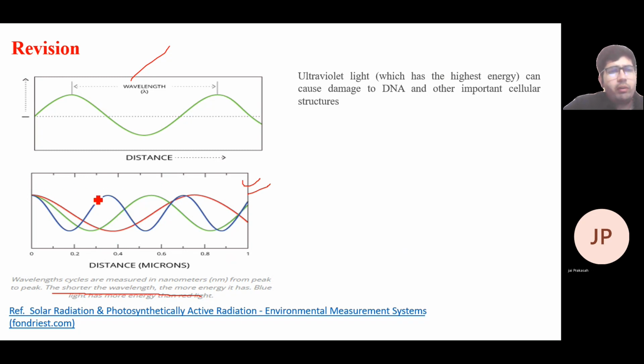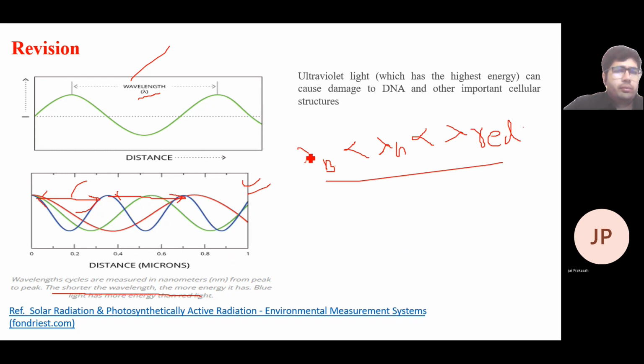So the waveform of blue, the waveform of red, and the waveform of green. You can see the distance between the peaks for blue light is less as compared to green and red. Because lambda is the distance between these peaks, lambda blue is less than lambda green is less than lambda red.